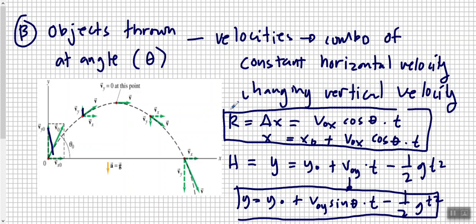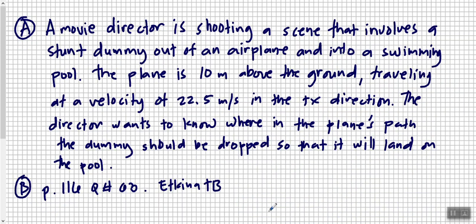We can find the velocities as well. So we have the velocity on the x, v cosine theta, and then we have the velocity on the y, v sine theta. So let's apply some of the information that we have based on your readings from this short lecture.